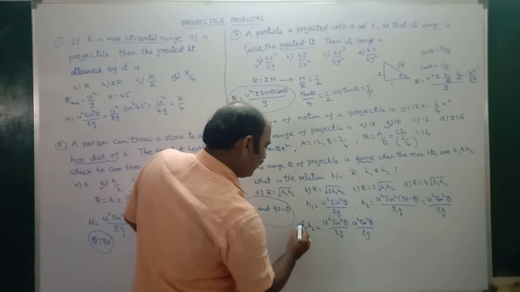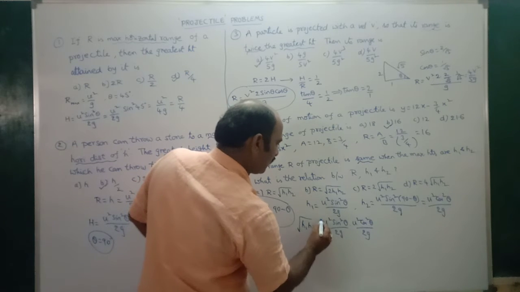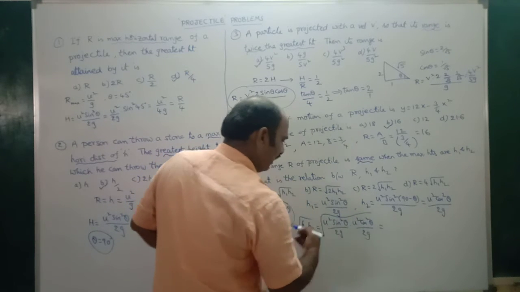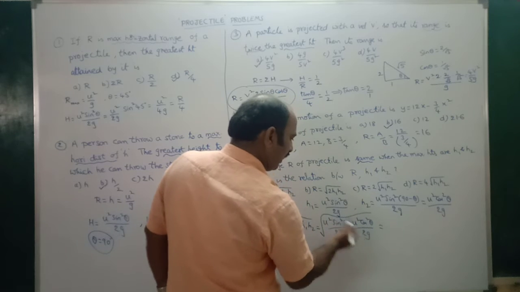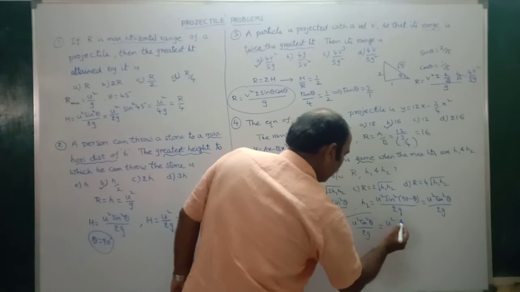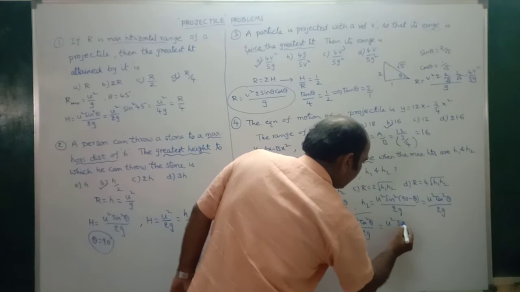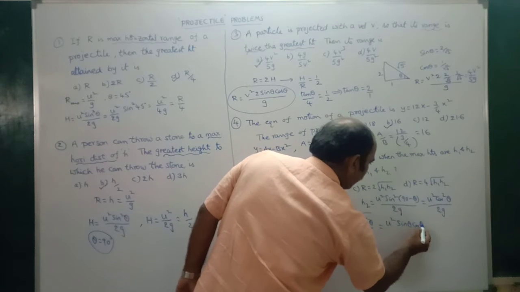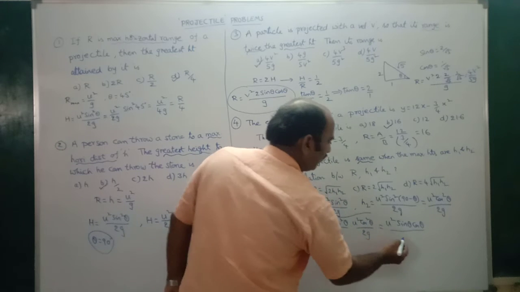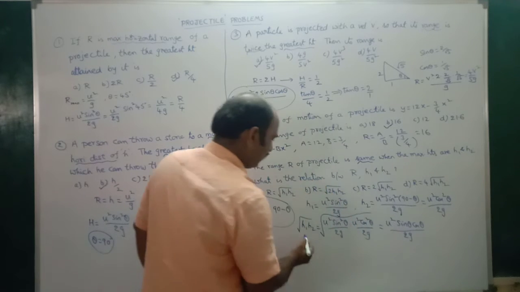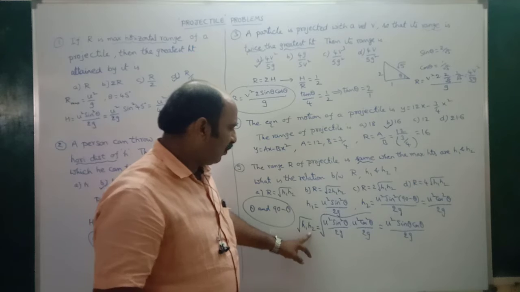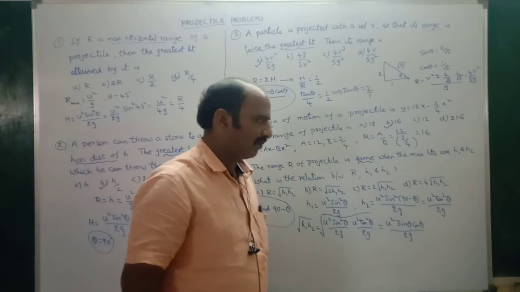And the square root of this value, we get U square into U square taken out, U square sin theta into cos theta by 2g into 2g. Finally we get the square root of H1 and H2 value, this one.